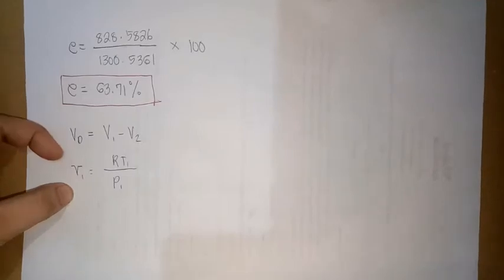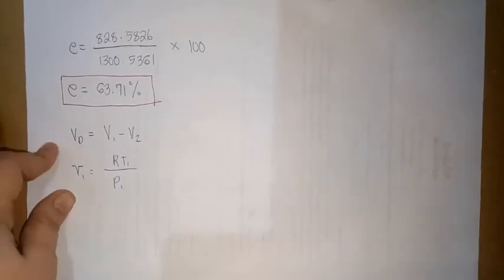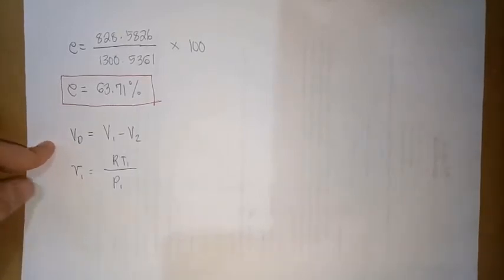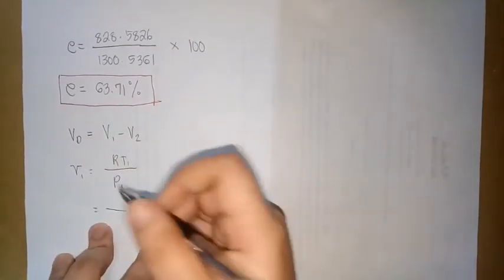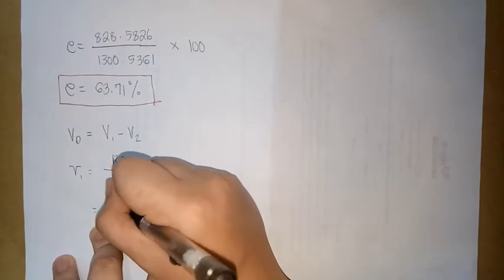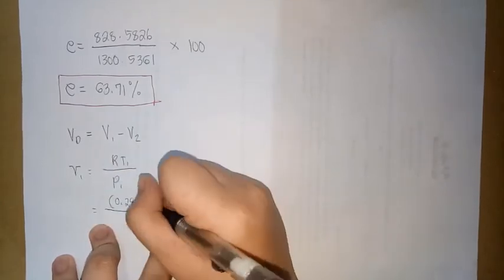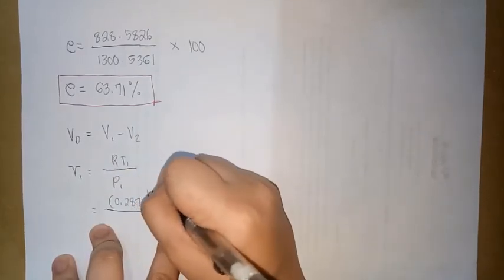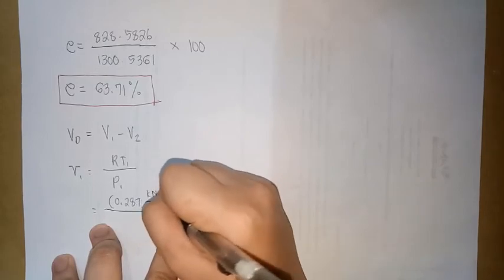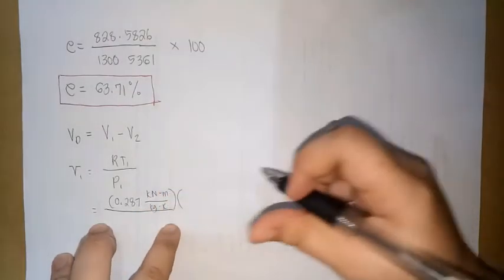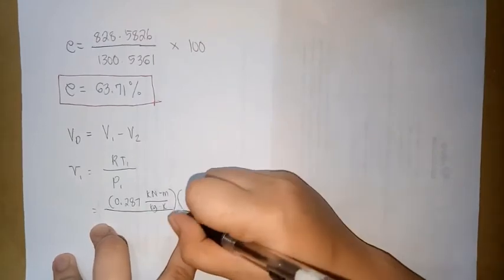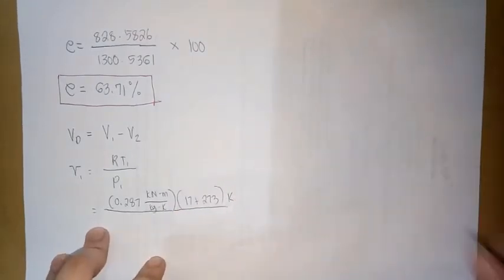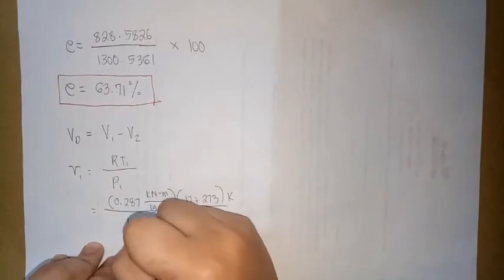Next, we are going to solve for the mean effective pressure. So, kung naaalala nyo, kanina, ating formula for VD is V1 minus V2. Let us solve for V1. Substitute lang natin, RT1 over P1. So, si R, 0.287 kilonewton meter per kilogram Kelvin. T1 is 17 degrees Celsius. Convert natin sa Kelvin plus 273. Then, P1 is 1 bar.